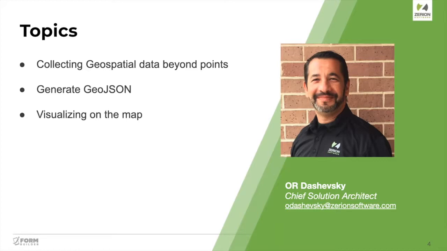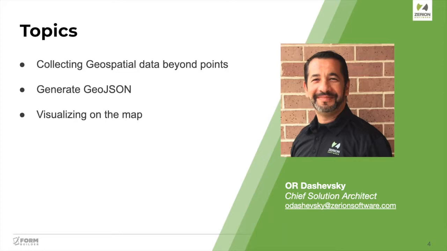A lot of you are already using iFormBuilder, and most likely you're already collecting some geospatial data, but currently iFormBuilder allows you to collect just a single point of a single location. What if you need to capture an area? Think about, I want to capture the area of my farm. I want to capture a line from point A to point B. How would you do that?